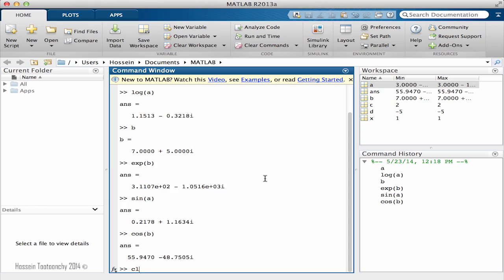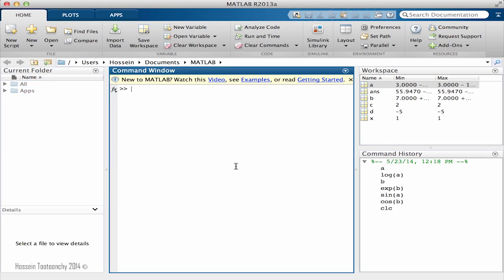Let me clear up the screen. Okay, one of the most important parts that we learned so far is the symbolic math. The symbolic toolbox of MATLAB is pretty powerful, and in this part I would like to show you how we can use that too. Let me type a and b here.